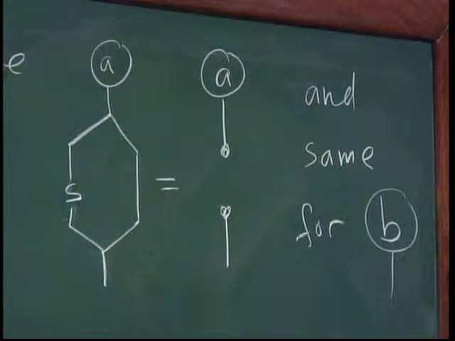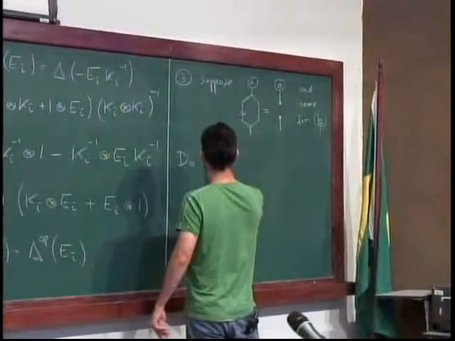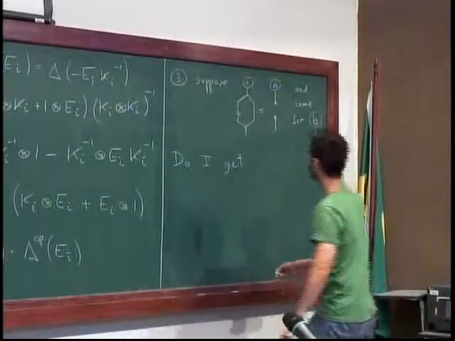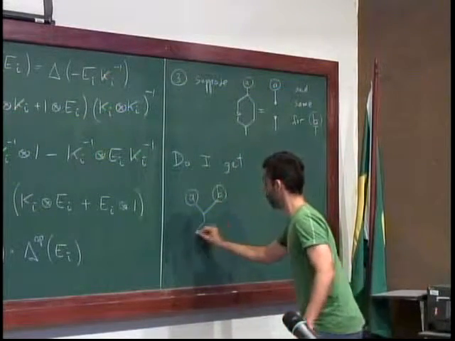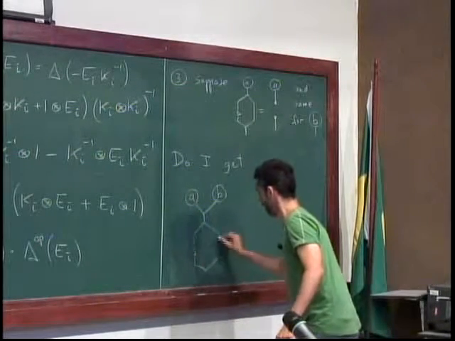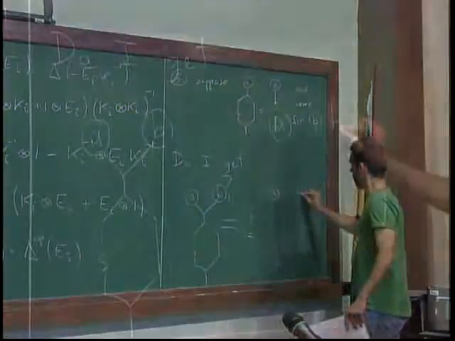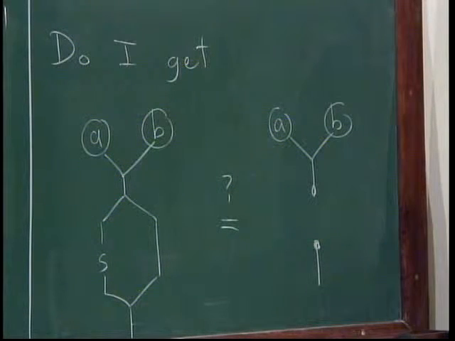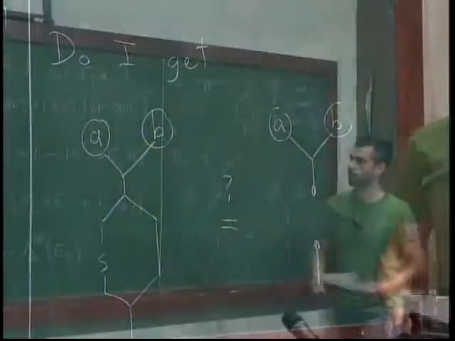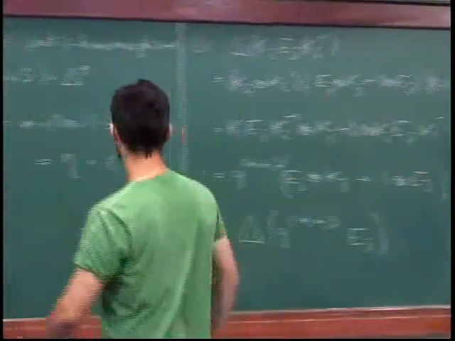I want to know, do I get the same for the product? So that's what we want to show. And I claim that this is a formal consequence of that for a and the corresponding thing for b. Let me take some space and do it.